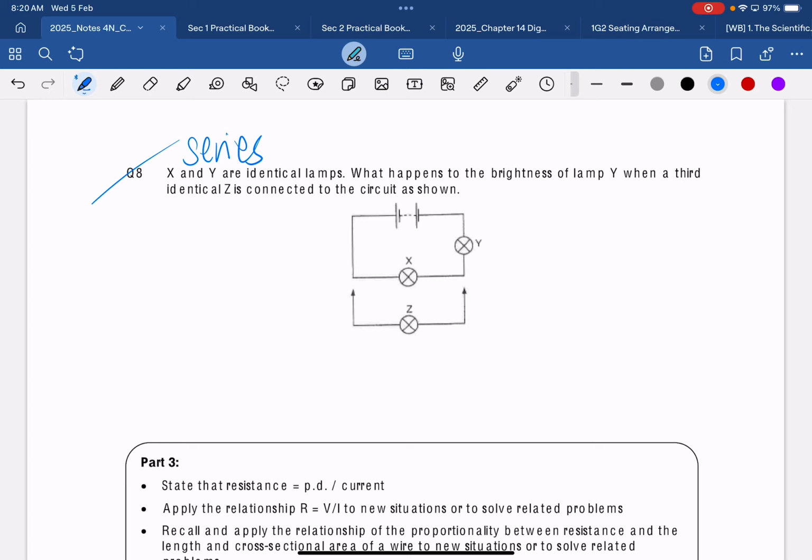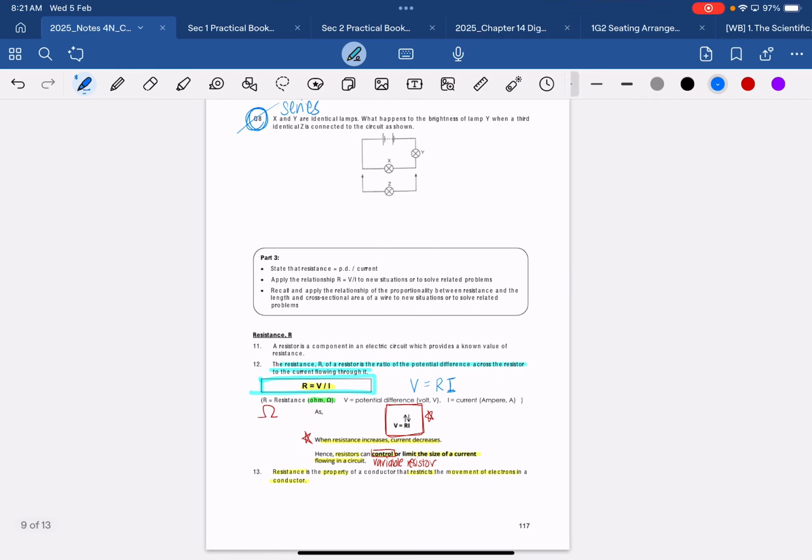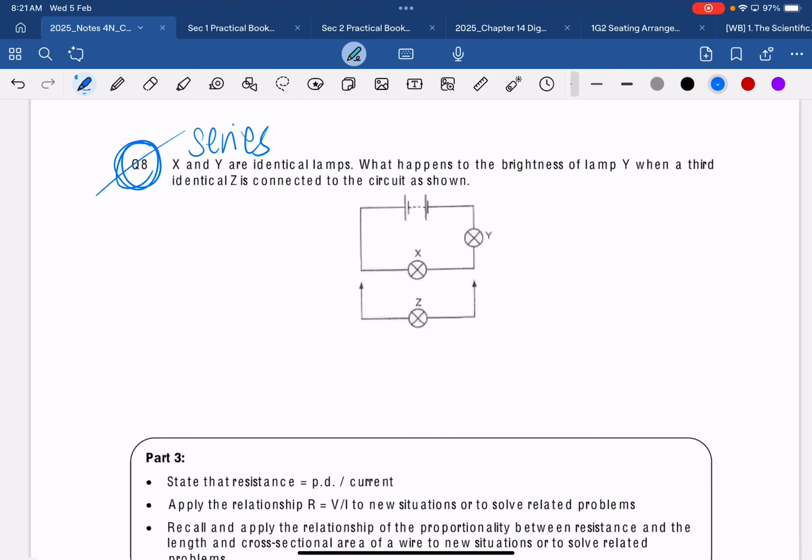Maybe. Have you learned the resistance formula before? No, right? R plus R plus R, 1 over R. So this one we KIV first. I will show you using the formula. This kind of question will not come out, don't worry.